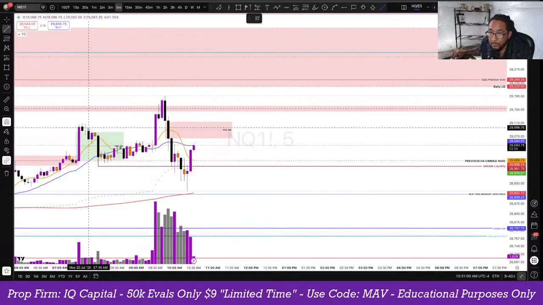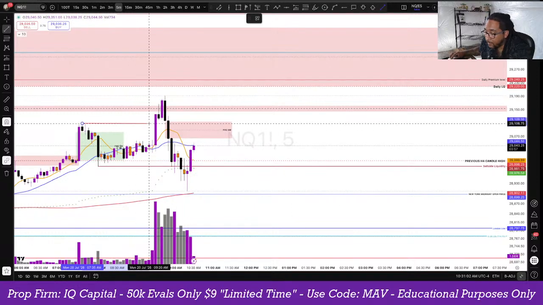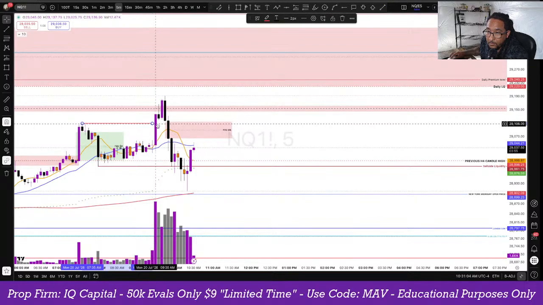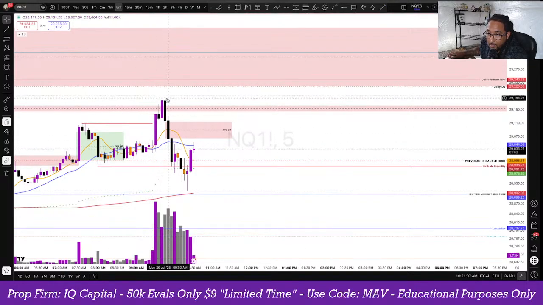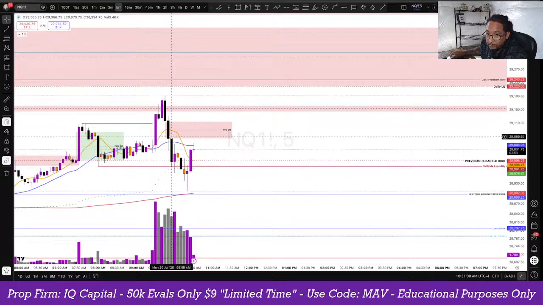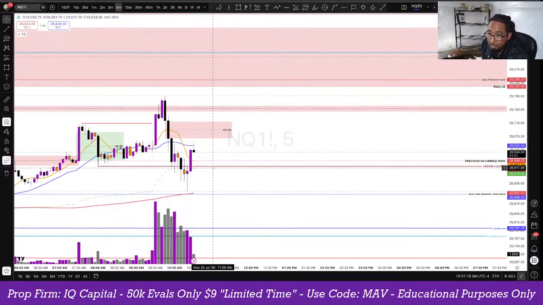Line's not working. There we go. So we swept that high, came down, created a bearish 5-minute fair value gap, respected that 5-minute fair value gap, came down, swept those 8 a.m. lows.